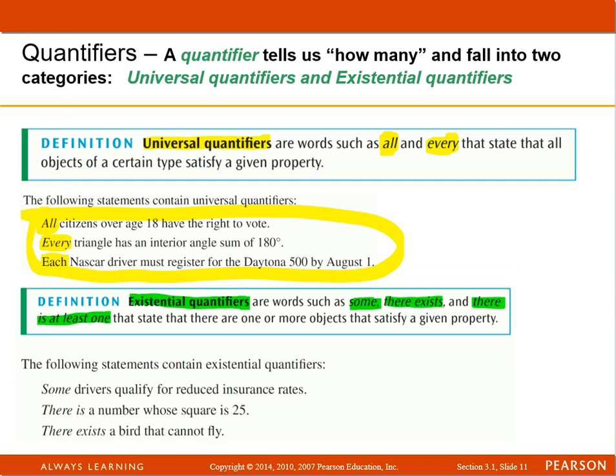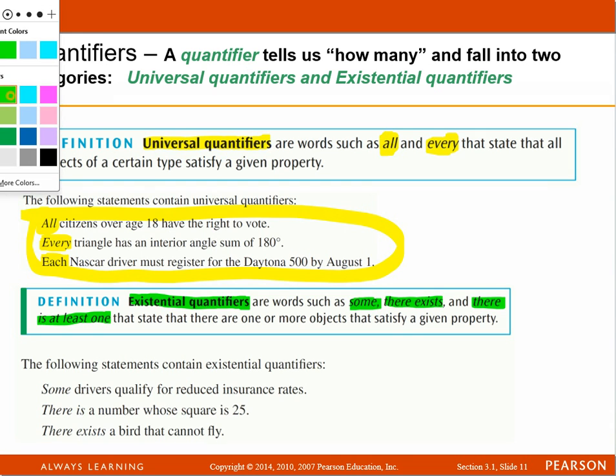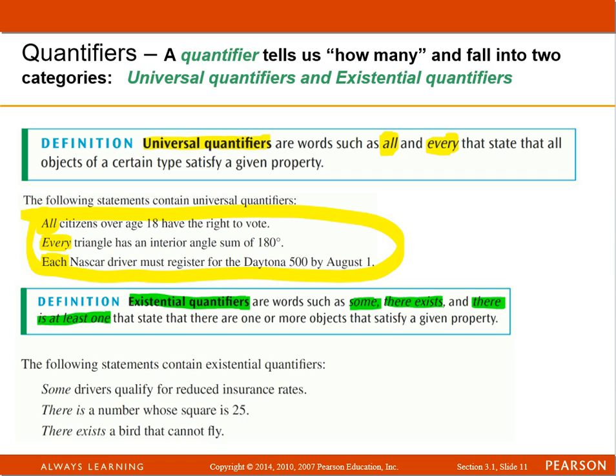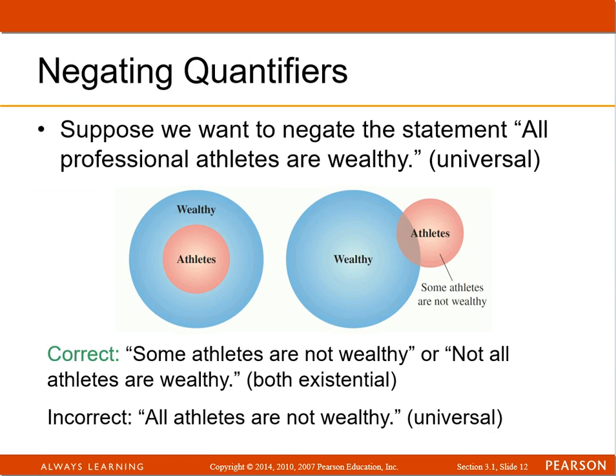And then down at the bottom, these are sentences that use the word some and stuff like that. Some drivers qualify for reduced insurance rates. There is a number whose square is 25. There exists a bird that cannot fly. Those are all existential quantifiers.